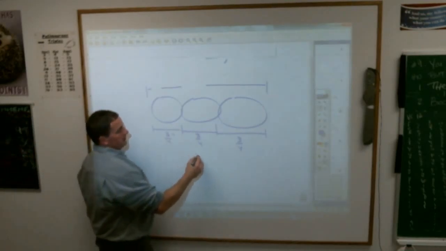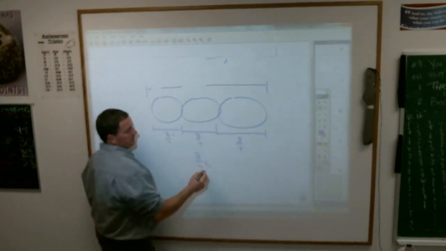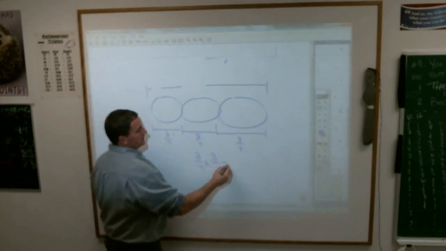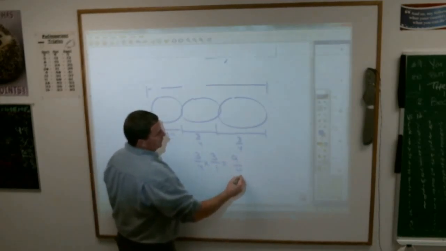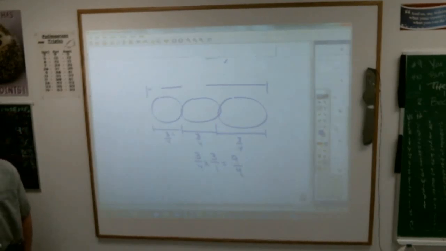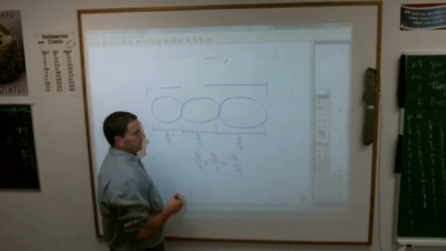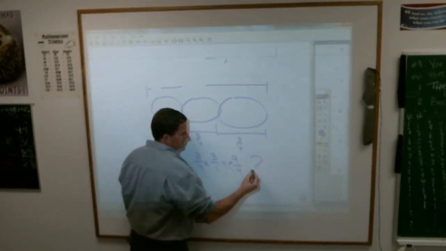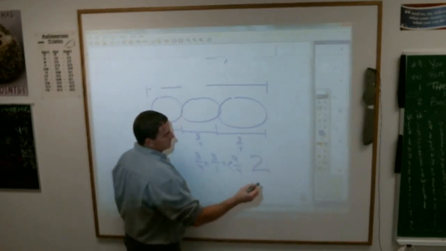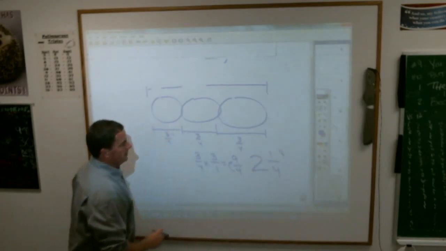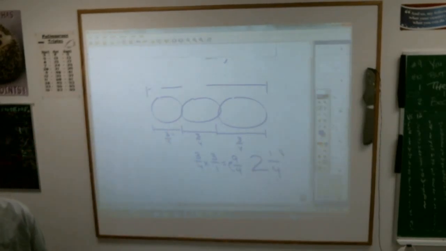I'm going to take 3/4 and multiply by how many do I have? 3 over 1. What do I get? I end up with 9 over 4, which turns into, Jaden, shoot. How many times does 4 go into 9? 4 goes into 9 2 times. And what's left over? 1/4. 2 and 1/4 inches. 3/4 plus 3/4 plus 3/4 is in fact 9/4.